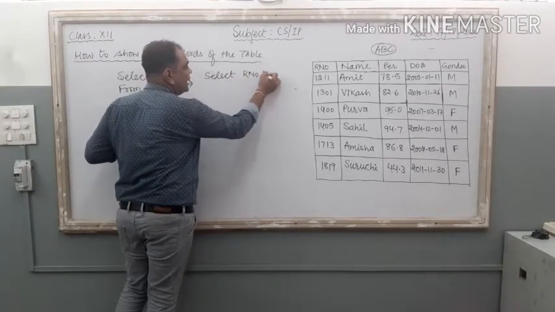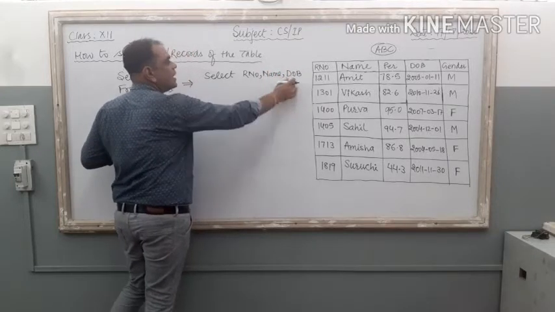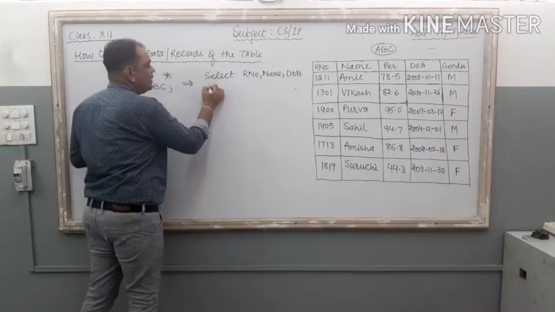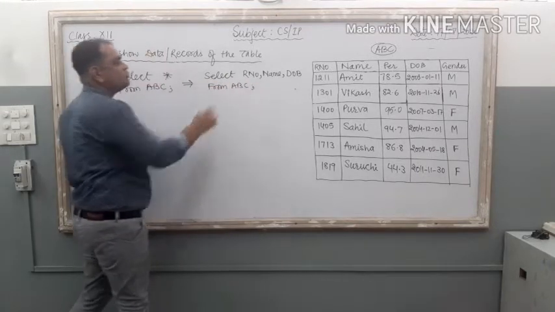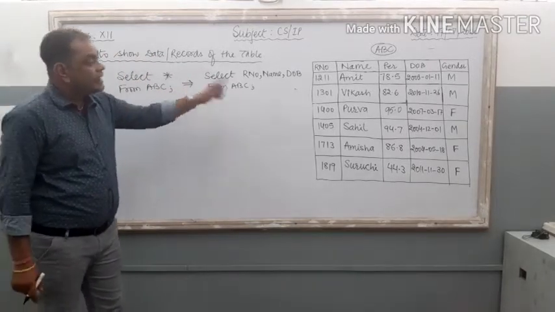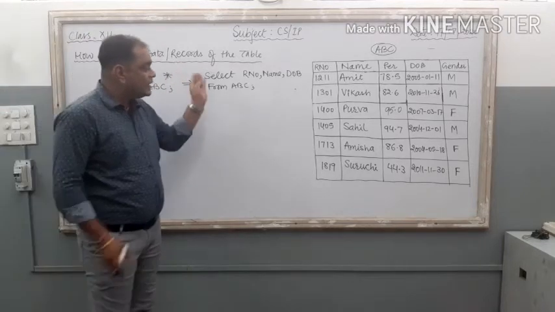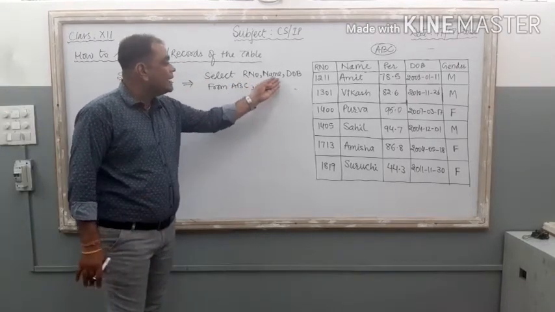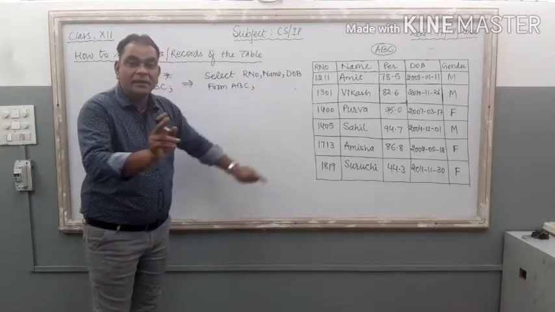Roll number, then name, then DOB. These are the column names, right? In the next line, from ABC. Just complete these two lines. Select star means each and every column will be there on the monitor when you execute the command. If you remove the star and instead of star you put the names of the columns, then only three columns' data will be there on the monitor.